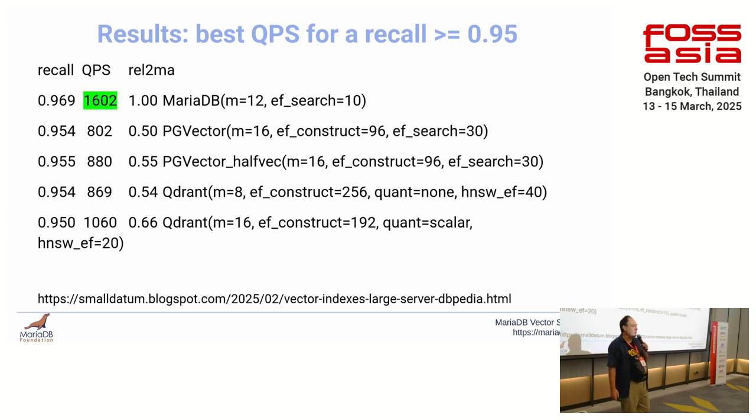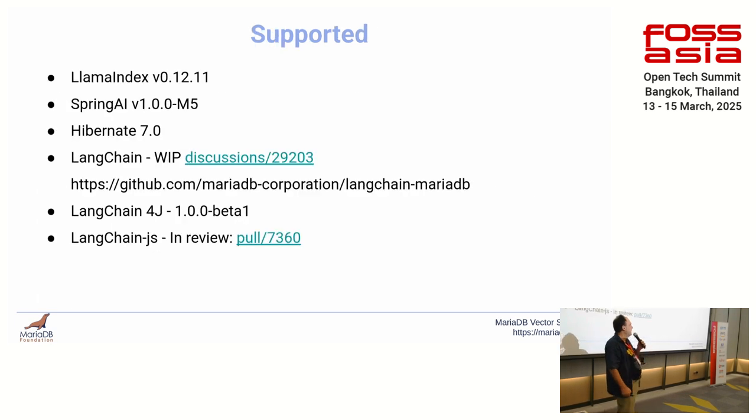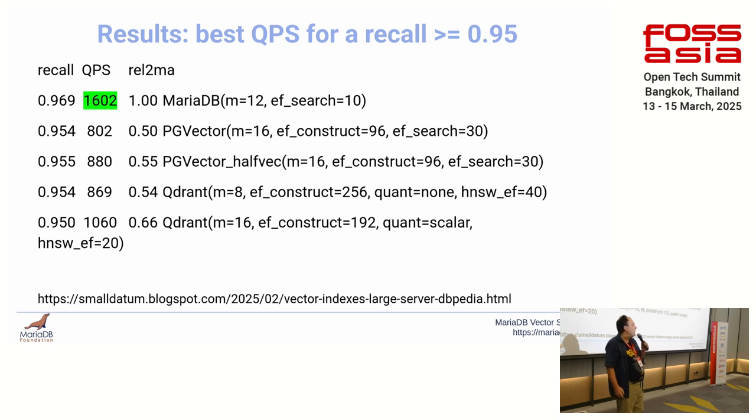Last one, I promise: if we drop the M value from 16 down to 10, we get a recall above 95%, and the queries per second went up again, from 1,200 to 1,600 queries per second. So that's all I'm going to look at on the tables.